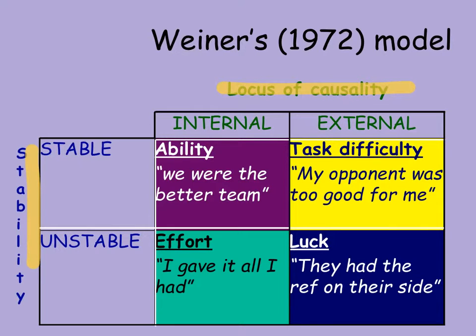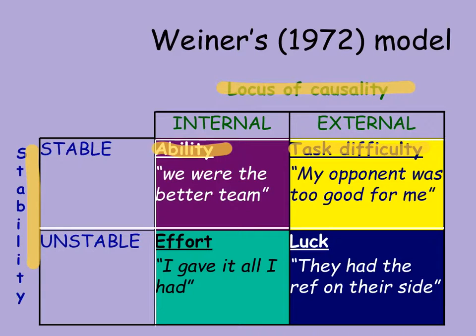So the first one that is internal and stable is ability. So this is internal to the person and it's something that doesn't change. The second one is task difficulty. So that's external, so this is around your opponent's ability, whether they might have been either too good or not very good.